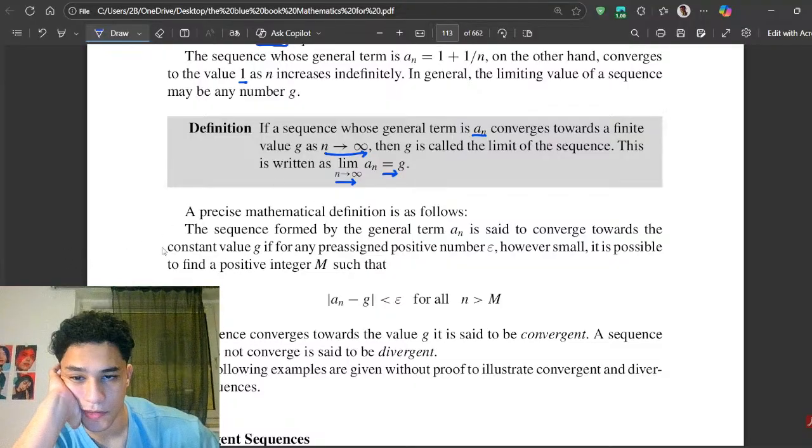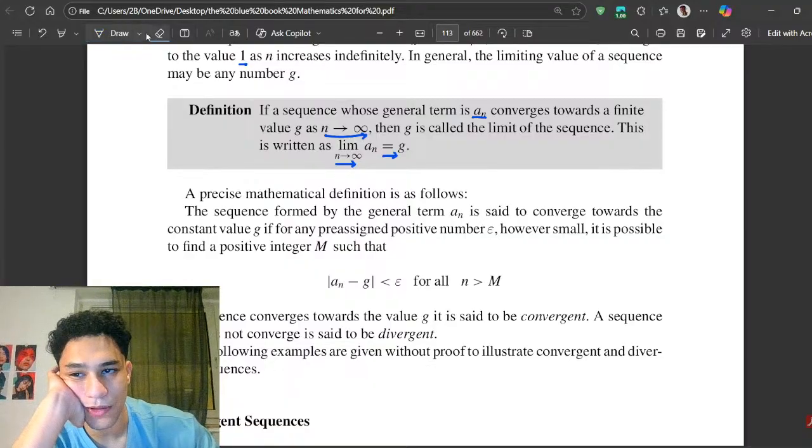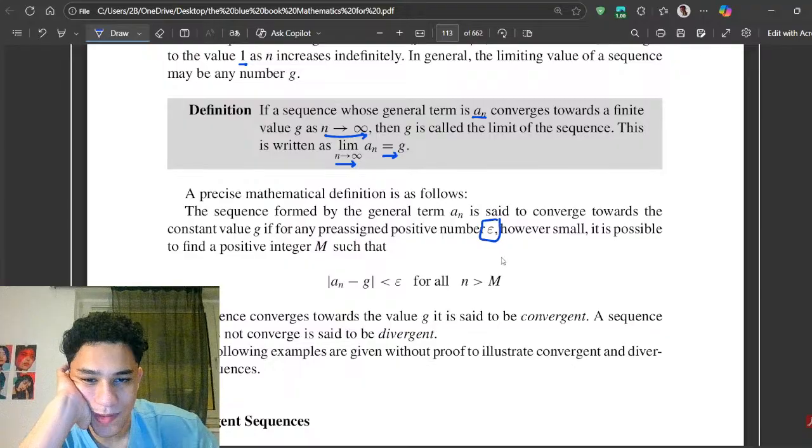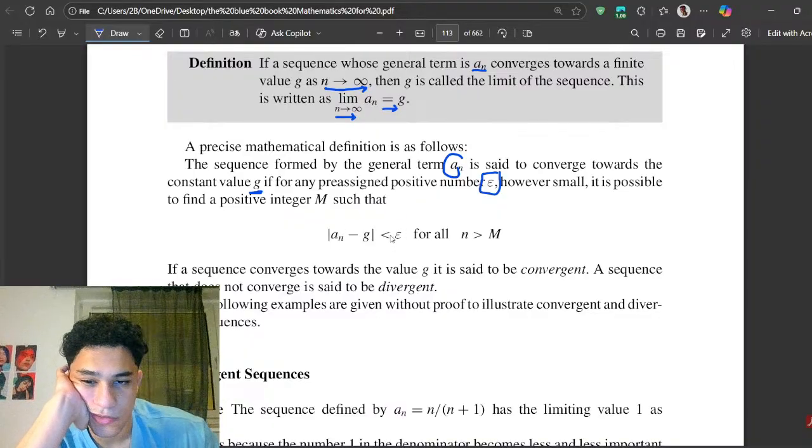A precise mathematical definition is as follows. The sequence formed by the general term an is said to converge towards the constant value g if, for any pre-assigned positive number, let's say e, however small, it is possible to find a positive integer m such that the absolute value of an minus g is smaller than e for all n greater than m.